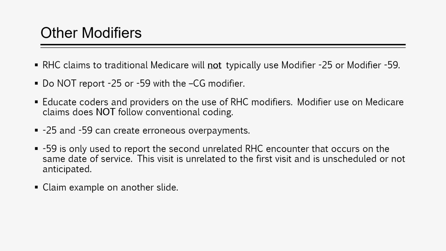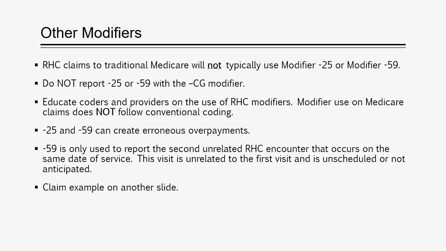We do not use 25 or 59 in the conventional ways. We do use 59 in a very special way to report two unrelated visits that happened in the same day. So again, if you have a new billing company, a new RCM partner, make sure they know that on the UB traditional Medicare claims, we do not use modifier 25 or 59 in the conventional ways. And we do not report 25 or 59 with the CG modifier.